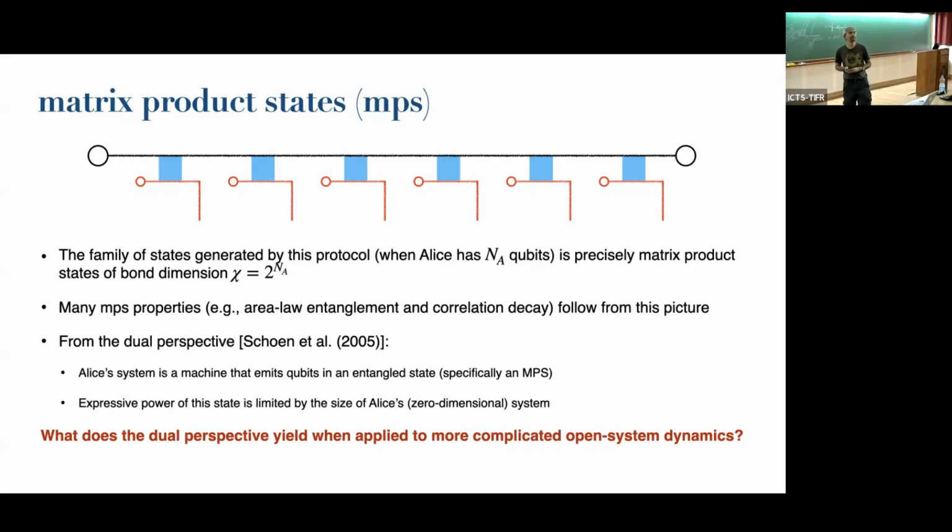Okay, and so in the case where you take the thermodynamic limit while keeping Alice's system size fixed, we have an MPS of finite bond dimension.